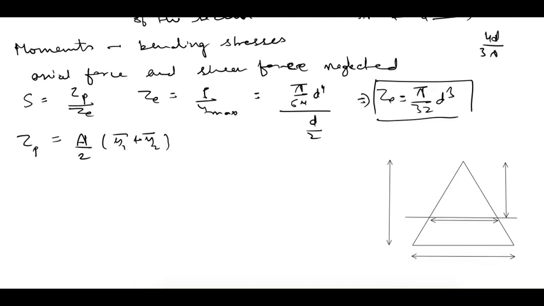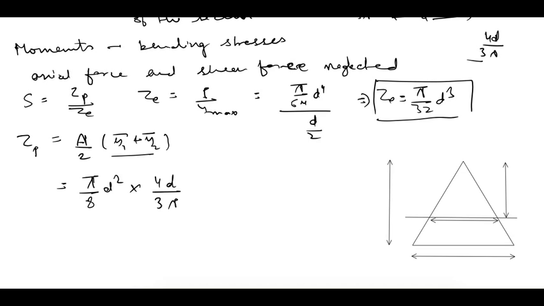And so we can simply put the values here. A by 2 would be equal to pi by 8 d square, that is half the area of the circle, multiplied by y1 plus y2, that is equal to 4d upon 3 pi.